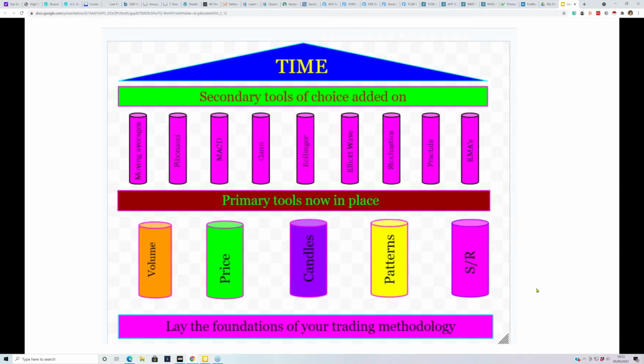Part of what we explain in the program and in the books is being able to recognize the state of the chart. Is it in a trend? Is it in a congestion? Is there volatility? Once you've got to grips with these 5 elements, then you can overlay them with what we call secondary tools. They're not secondary because they're second best, they're just secondary to the primary tools of VPA.